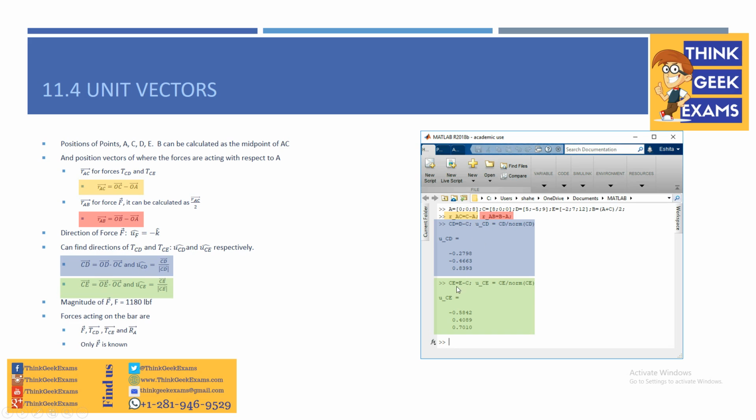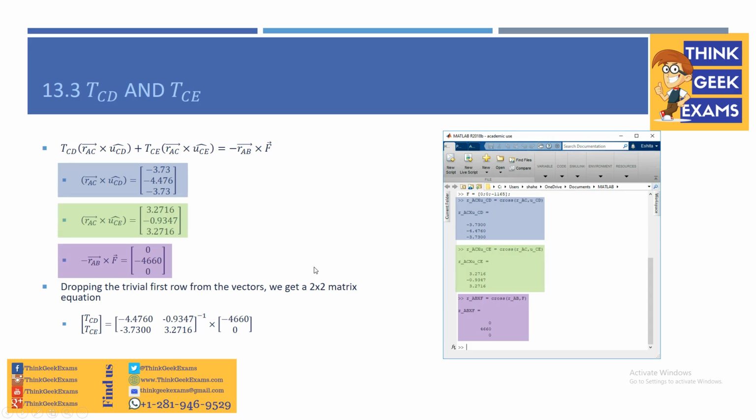The same with the CE vector, which is E minus C. And UCD is just CD over magnitude of CD, and that's exactly what we have over here. CD over norm of CD. Norm of CD is the Matlab version of magnitude, and that displays our values of UCD and UCE, which we will use later. So we have calculated successfully the unit vectors.